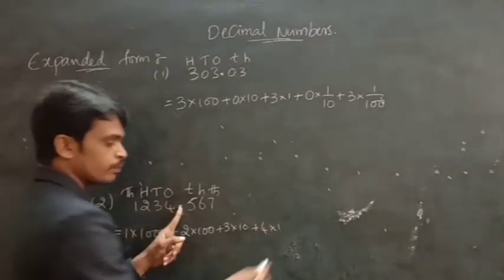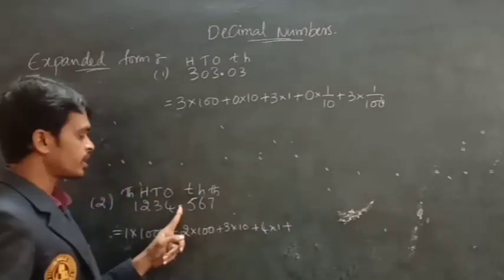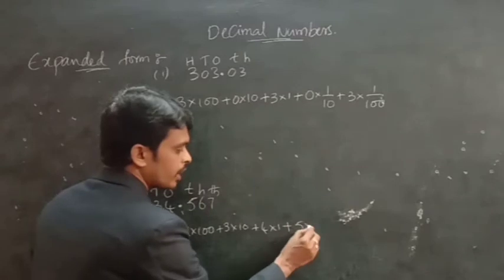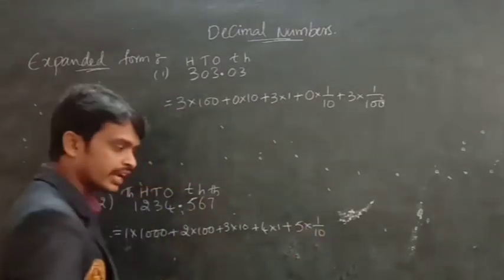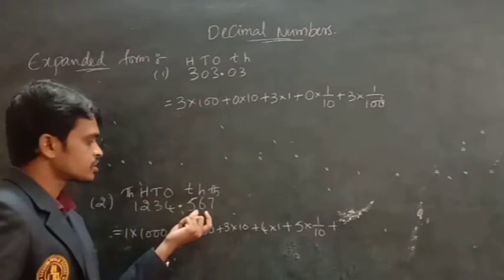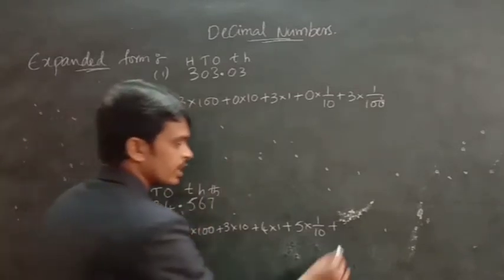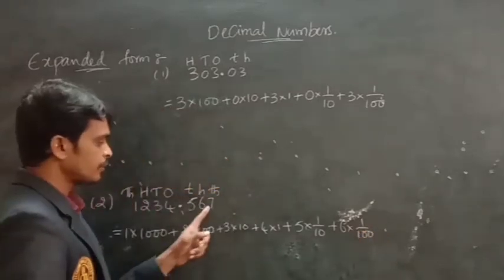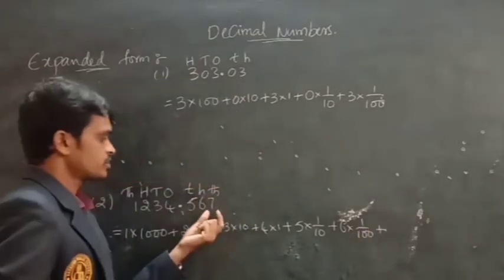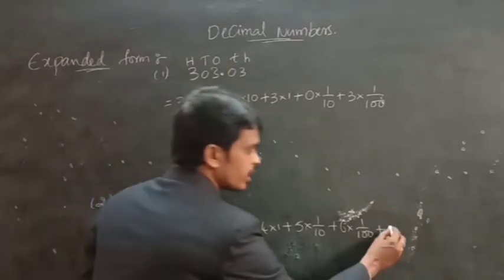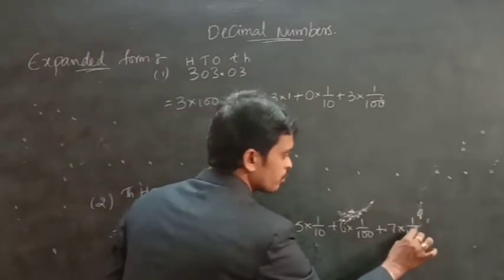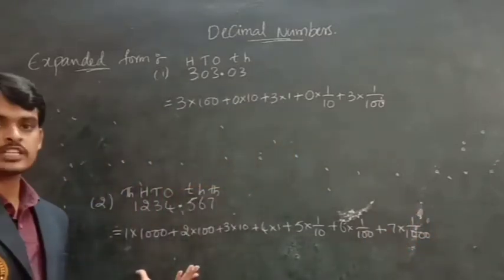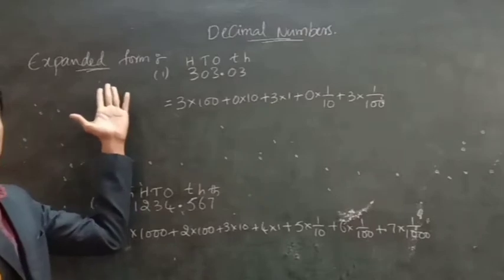Next, after the point we also keep plus, and 5 is in the tenth place, so 5 into 1 by 10, plus 6 is in the hundredth place, 6 into 1 by 100, plus 7 is in the thousandth place, 7 into 1 by 1000. In this way we expand decimal numbers.